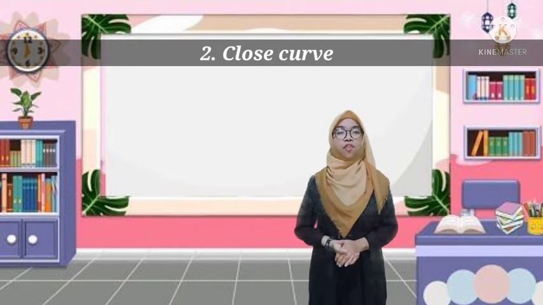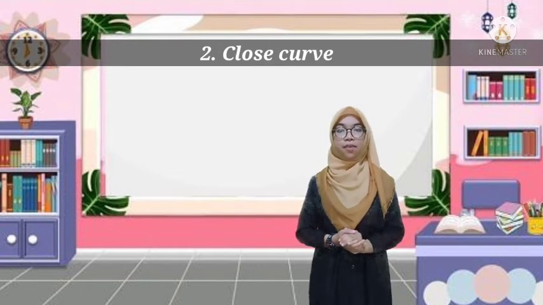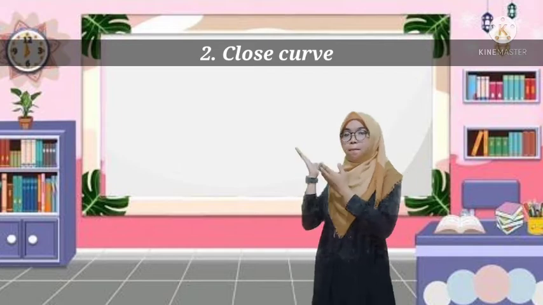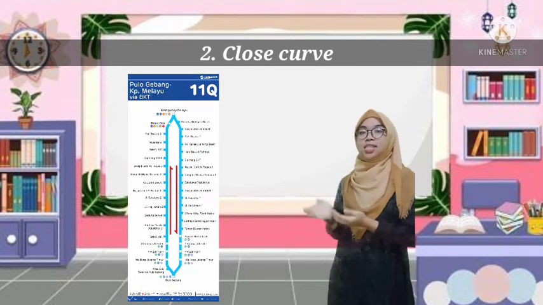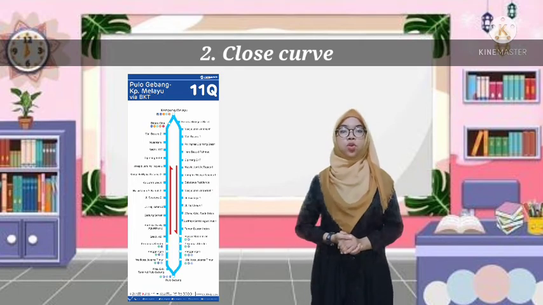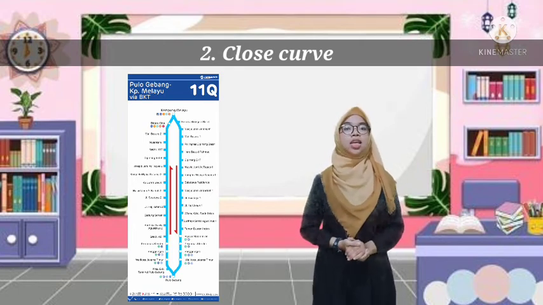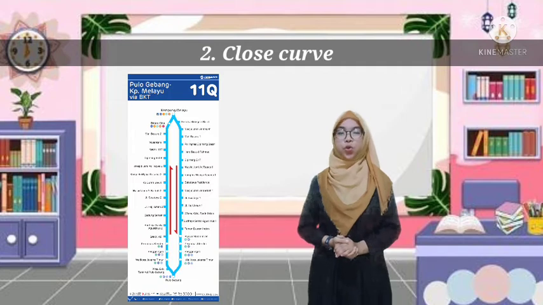Second, closed curve. In the example of application in daily life, as shown in the picture, there is a city bus road that is drawn in the form of a curve.